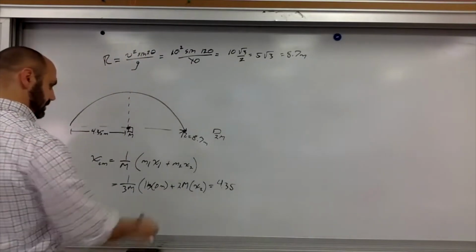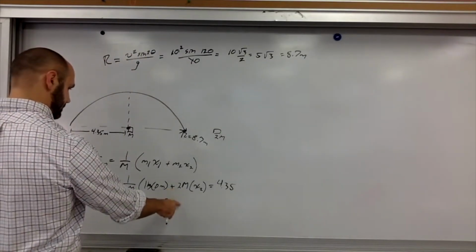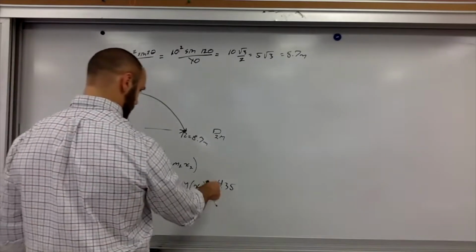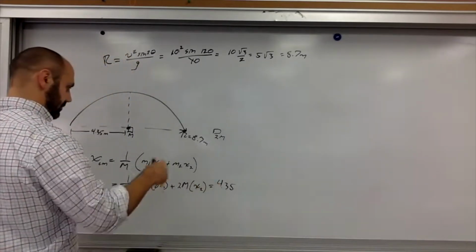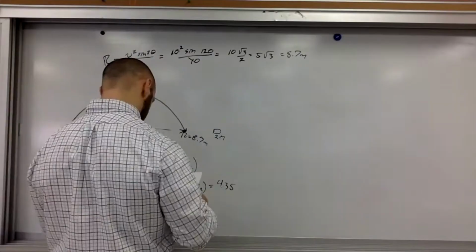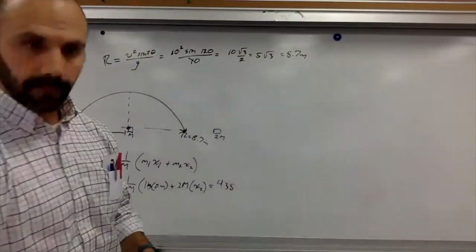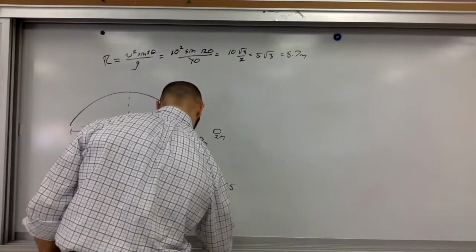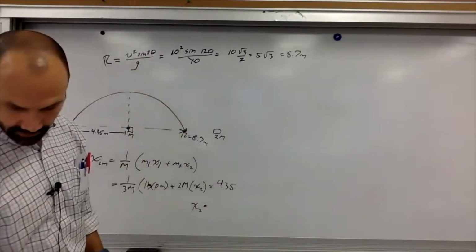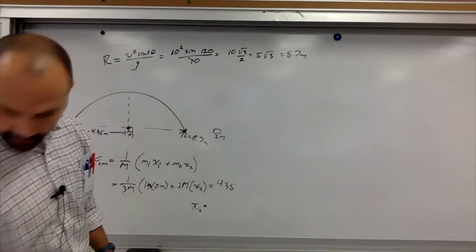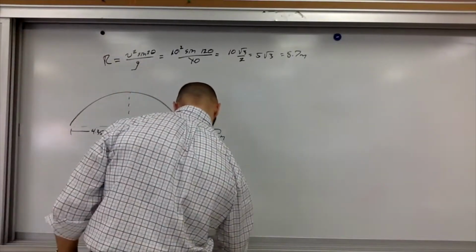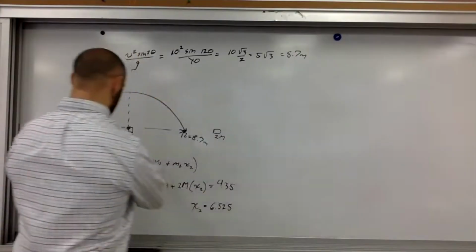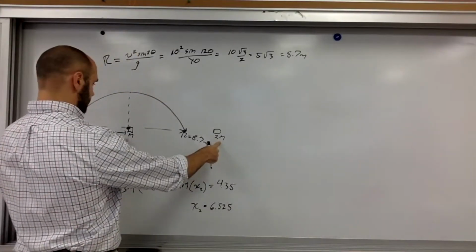Right. So we're going to be taking 4.35 times 3 divided by 2. So when we solve for x2 this way, we end up with 6.525. That means it's 6.525 from here.